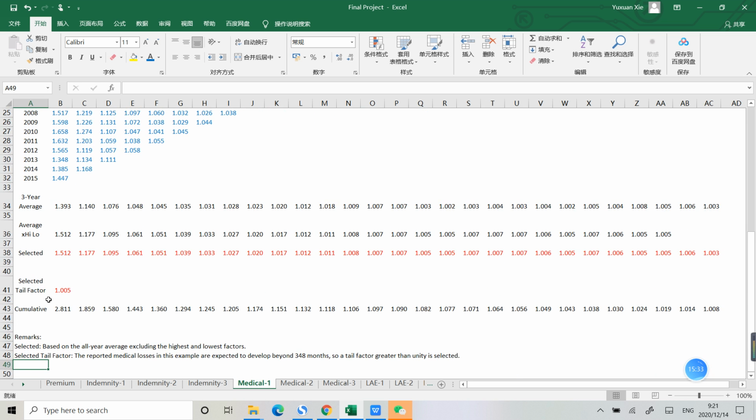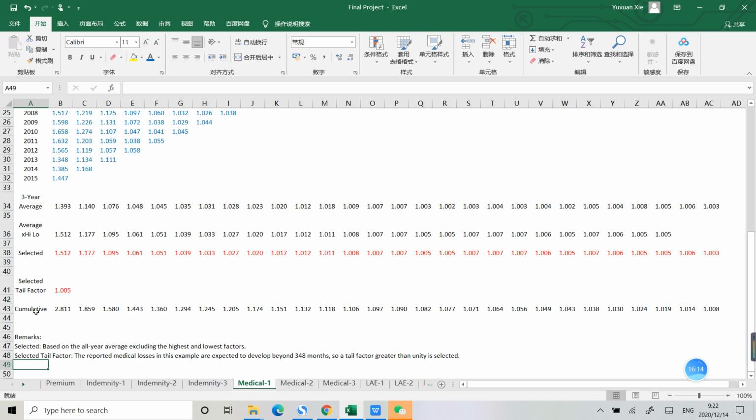Because unlike indemnity losses, the reported medical losses in this example are expected to develop beyond 348 months, the tail factor is greater than 1. Yes, it is greater than the number in the indemnity sheet. And the cumulative number we calculate the same way as the indemnity sheet.